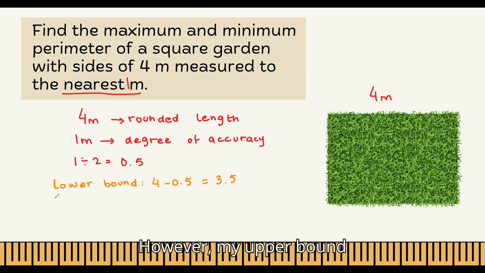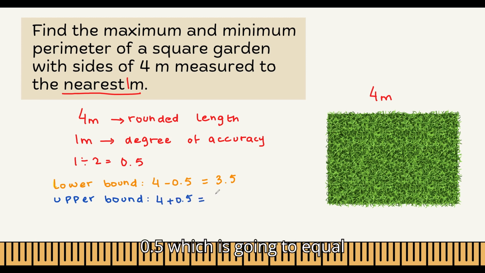However, my upper bound is going to be 4 plus 0.5, which is going to equal 4.5. So my upper bound is 4.5 meters and my lower bound is 3.5 meters.